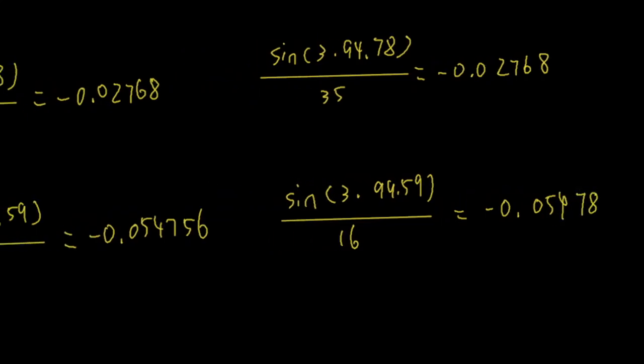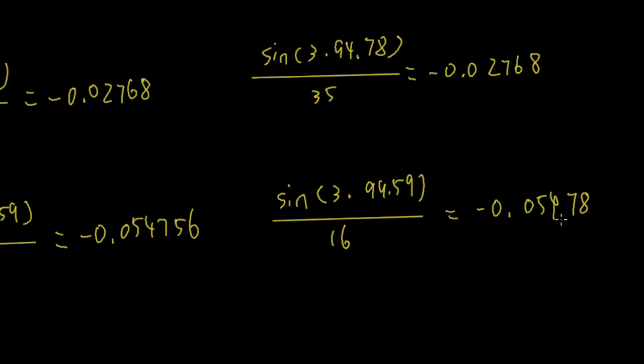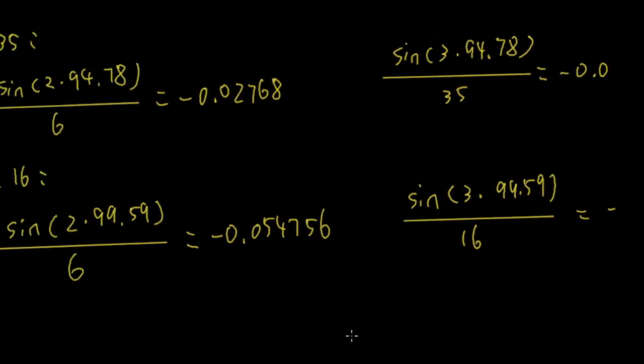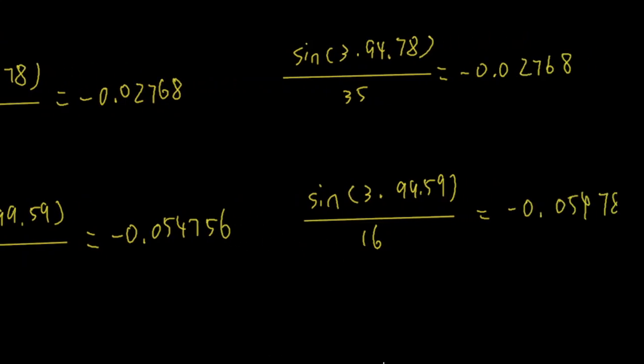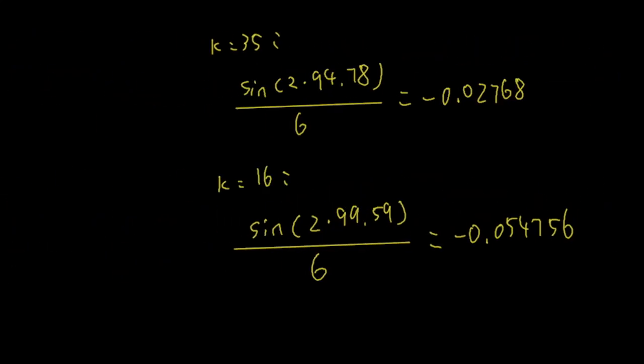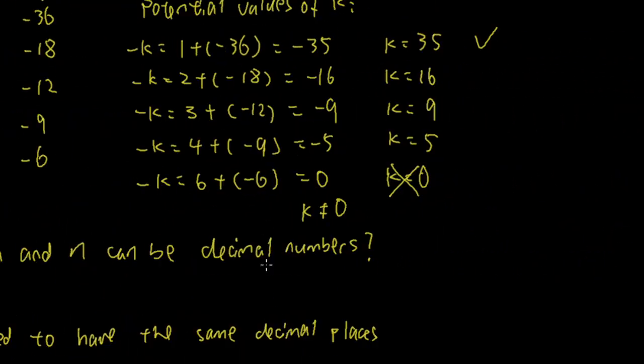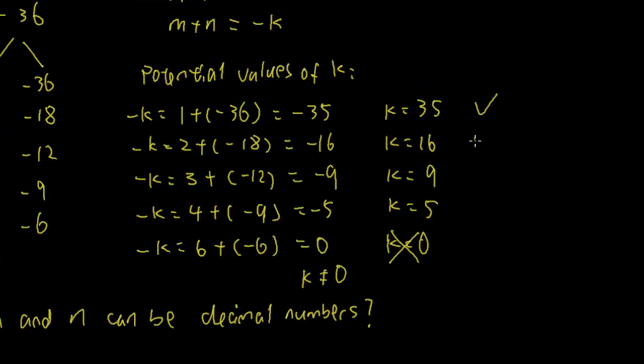Now notice that there is a slight difference here. That's the rounding difference, because the x value 99.59 is just approximate. So that works. It shows that k equals 16 works as well.